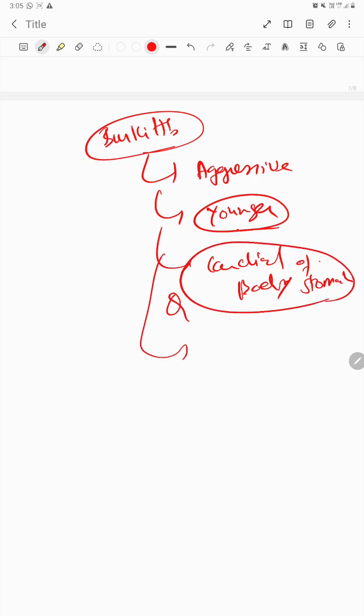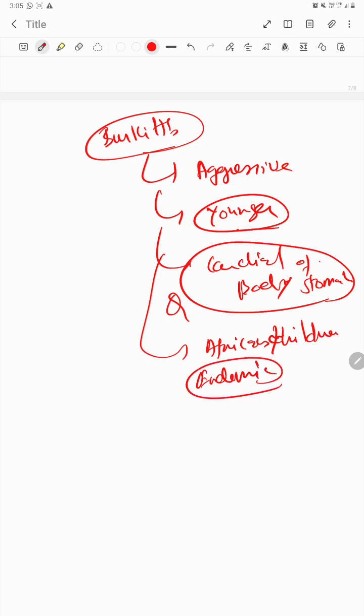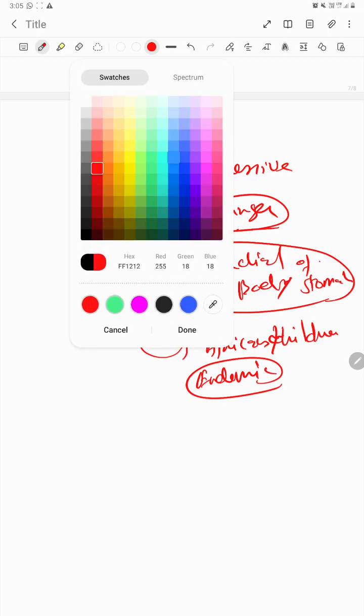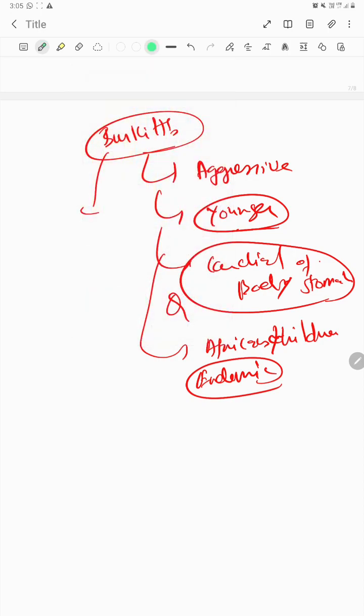And it is most commonly seen in Africans and in children, that is endemic areas for Burkitt's lymphoma. And most importantly, it has also association with EBV, that is Epstein-Barr virus.